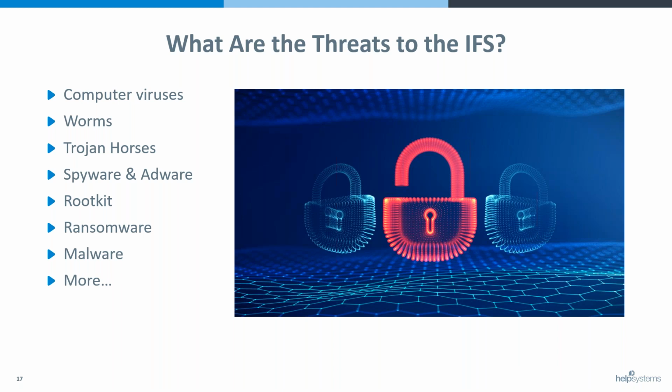I use malware and viruses interchangeably. It encompasses all of those malicious attacks. Primarily, ransomware is the one that we're seeing the most. However, there are other types of viruses out there that are still running and still impacting customer systems. We'll talk more about that in a minute.